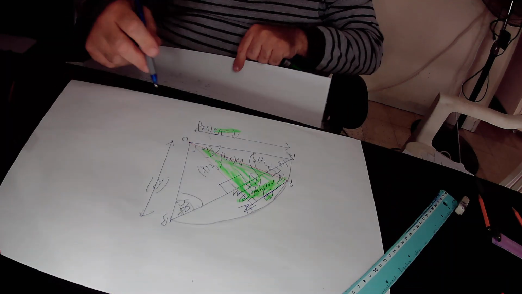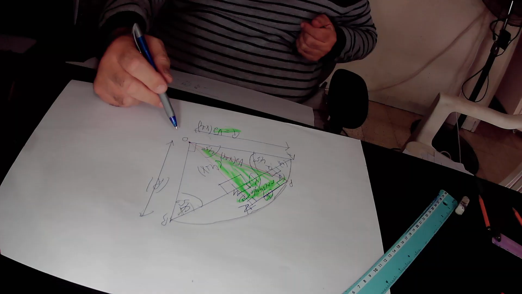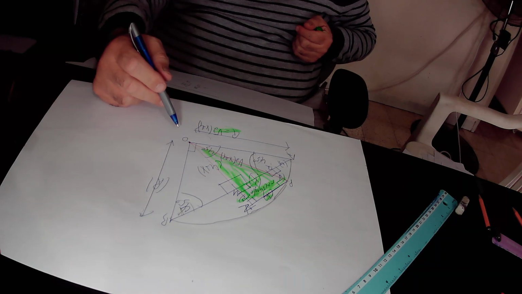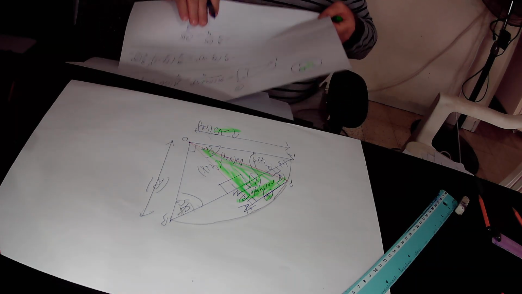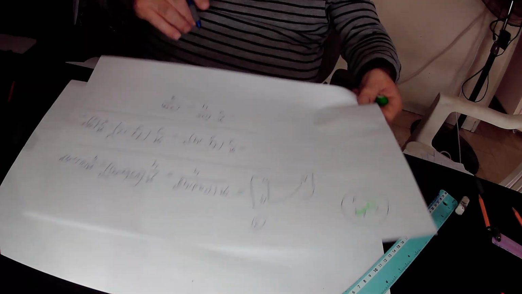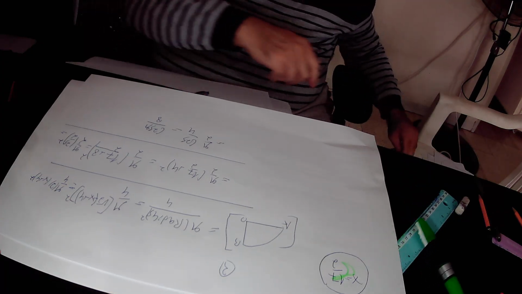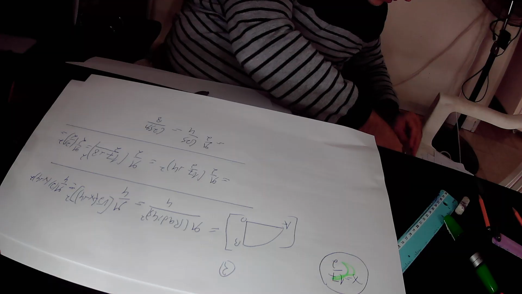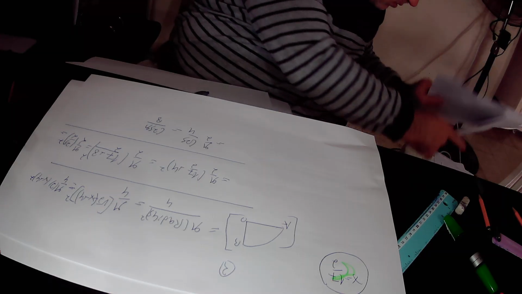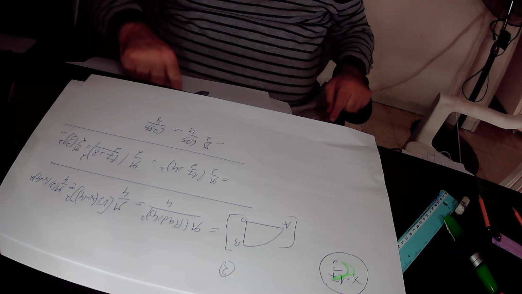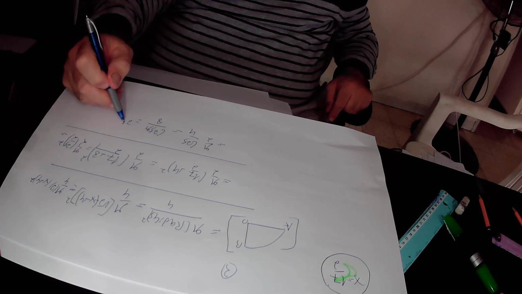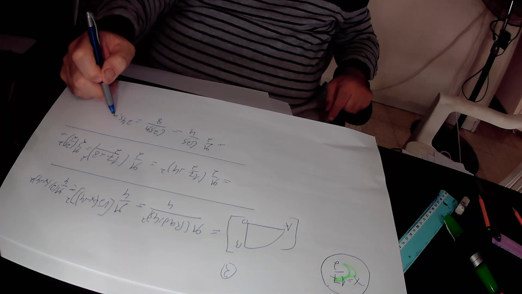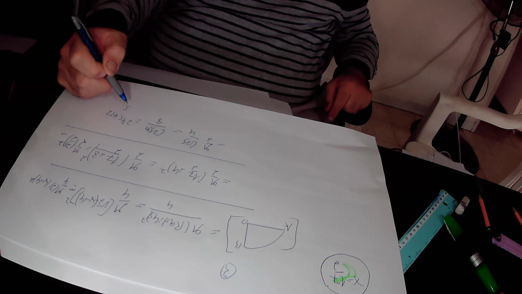So the area of this quarter circle equals 625 pi over 8 square meters, or in terms of numbers, 245.437 square meters.